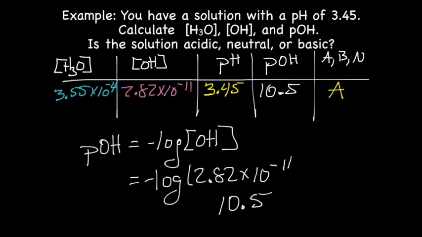So there you go. You now know how to use 5 different equations, and in conjunction you can figure out the concentrations of H3O, OH, pH, pOH, as well as whether the solution is acid, base, or neutral. Okay?